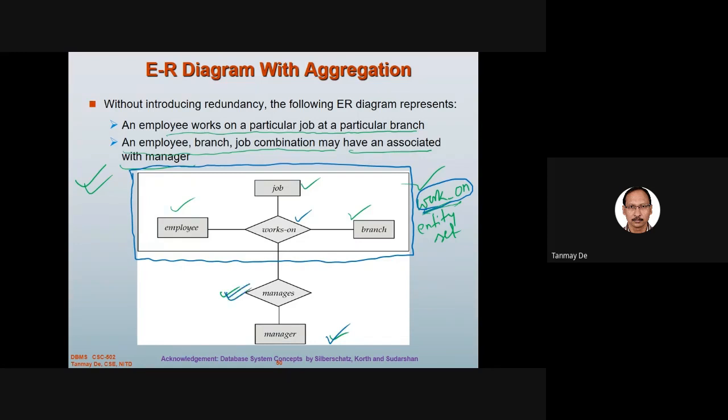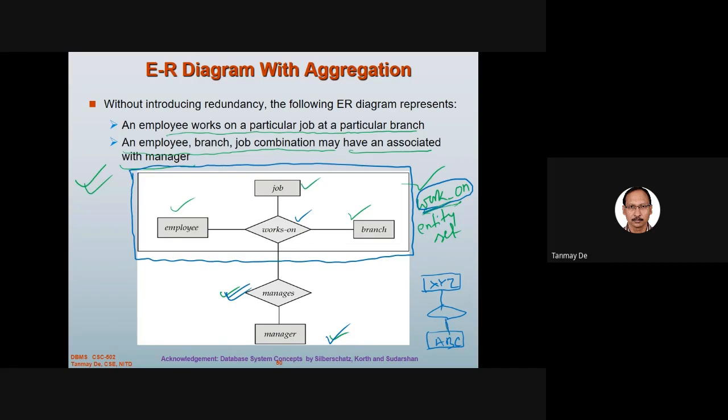Okay, now you can see, suppose this is one entity set and this is another entity set. Whatever the names, say XYZ and ABC. Say this is a relationship. If this is the relationship, then what is the meaning of that?